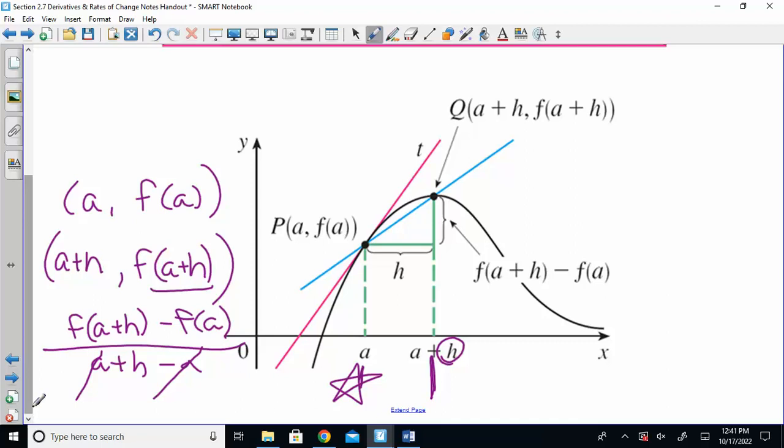Okay, so here's, for whatever reason, your textbook, in this section, they use a plus h and a for your notation. And the next section, they start switching and they're like, hey, instead of a, let's just use an x. And they turned into f of x plus h minus f of x.